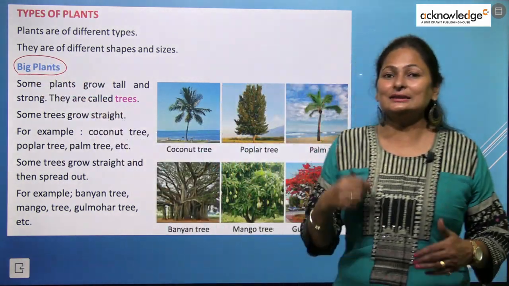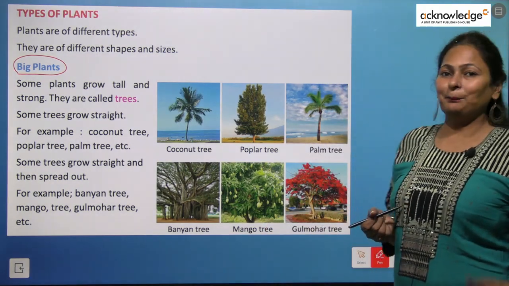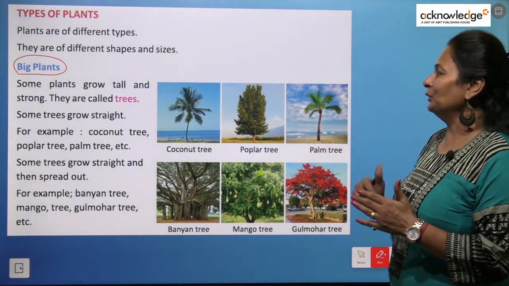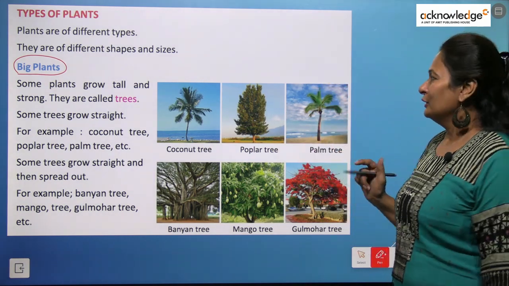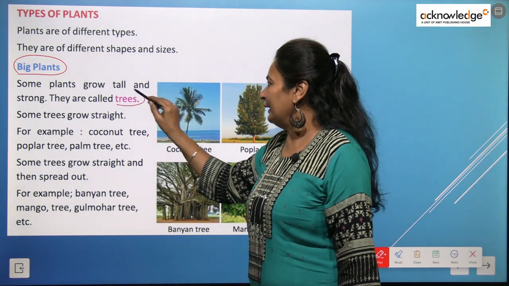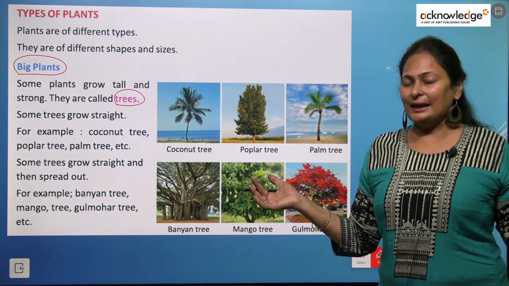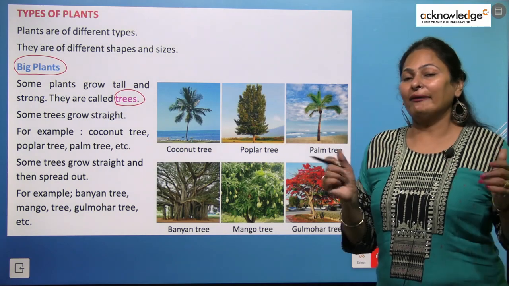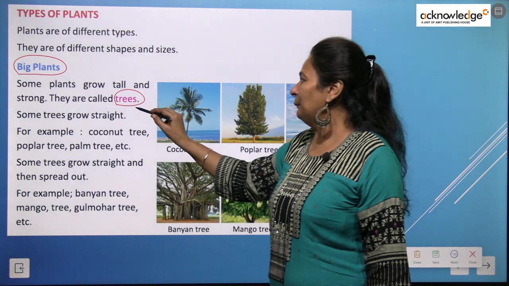So let's discuss what a big plant is. The plants that grow tall and are very strong, we call them trees, right? They are big in size, they grow tall, and they are very strong. That is why we call them trees.